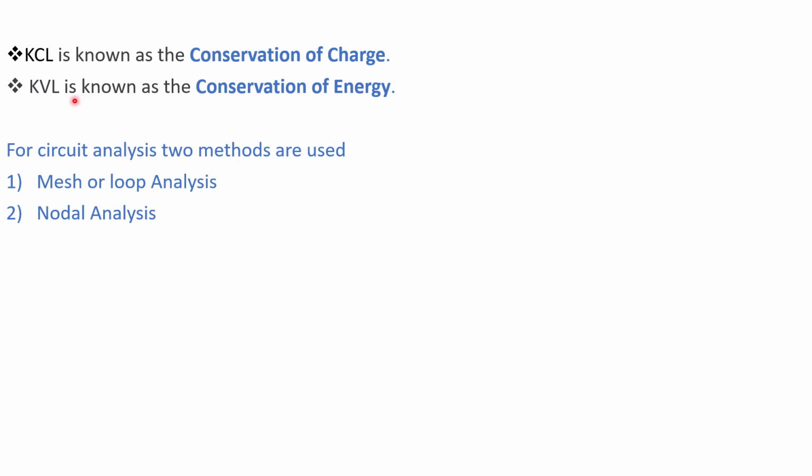As we see Kirchhoff's laws, KCL is known as conservation of charge and KVL is known as conservation of energy. In KCL, we see Kirchhoff's current law. Current is flowing at a node.